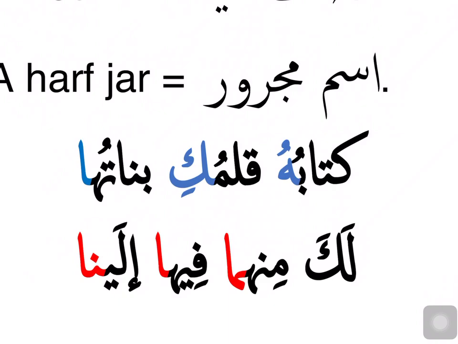Qalam, it's a noun. Banat, it's a noun. Whenever the dhamir is attached to a noun, this dhamir is playing the role of mudaf ilay. And mudaf ilay, I know, is always in jar status. So this dhamir is in jar status. Kitabuhu, hu is mudaf ilay, jar status. Qalamuki, ki is mudaf ilay, jar status. Banatuha, ha is mudaf ilay, jar status.